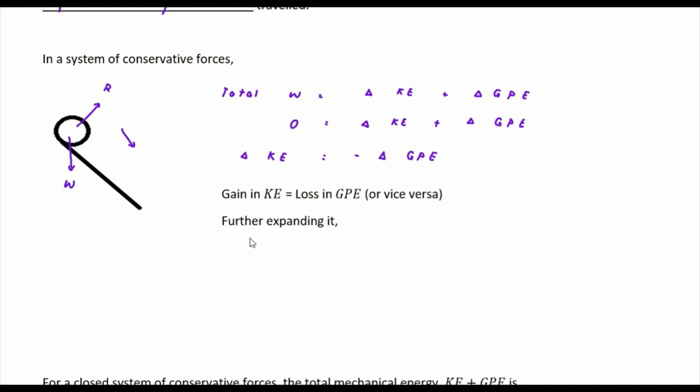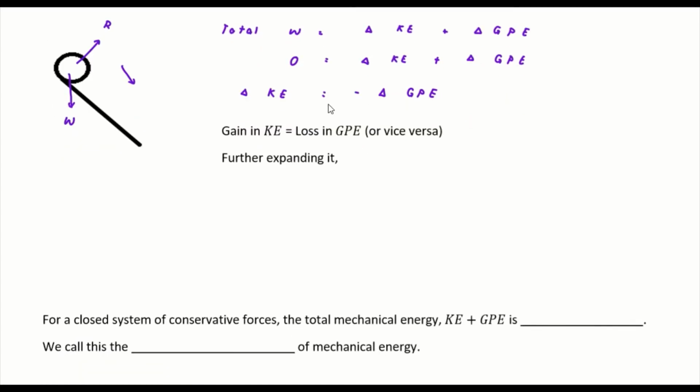Okay, so when we further expand this idea, what you can see is that the change in kinetic energy is going to be the kinetic energy final minus the kinetic energy initial. So I can get the change in kinetic energy equal to negative GPE final minus GPE initial.